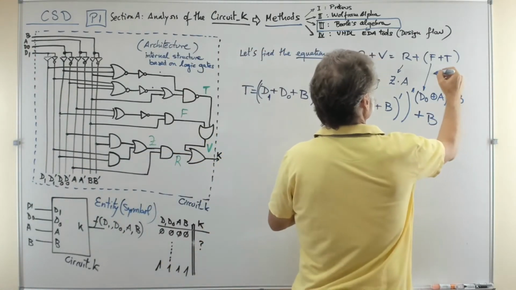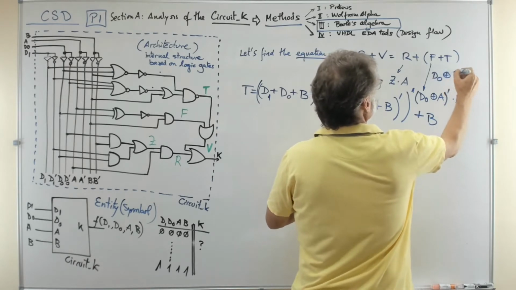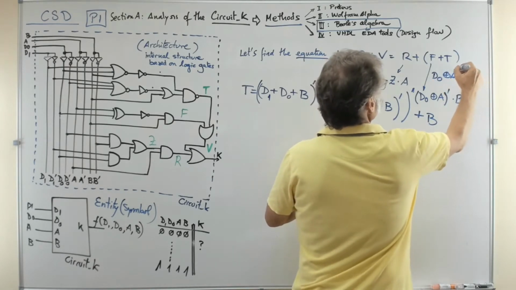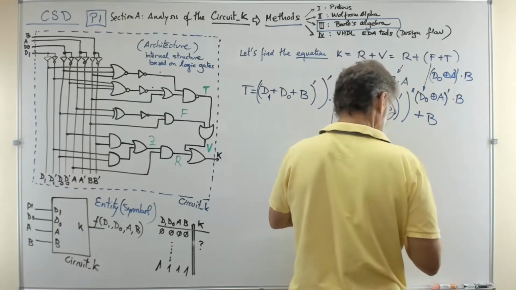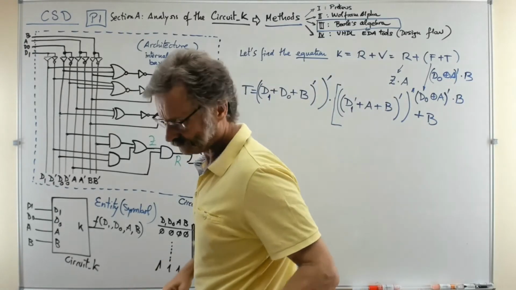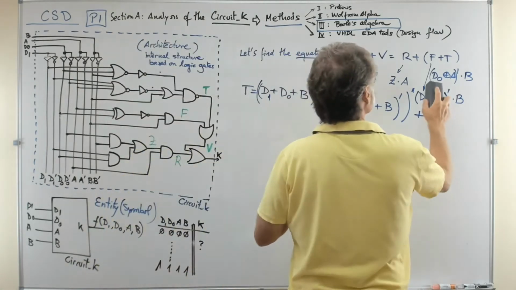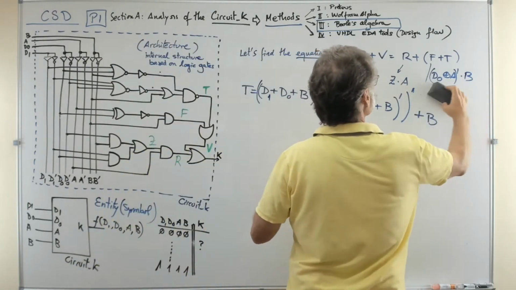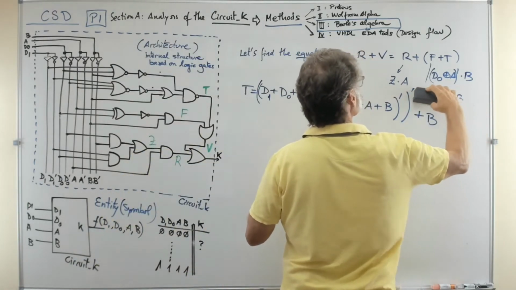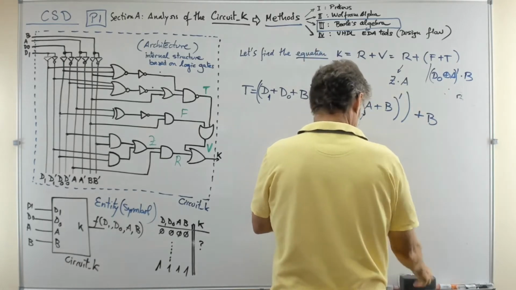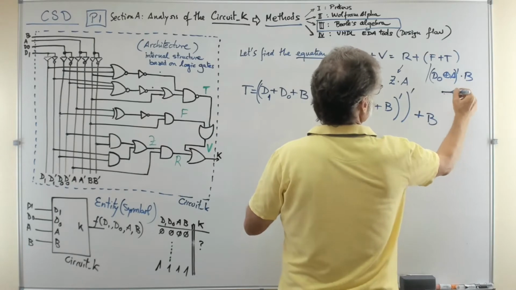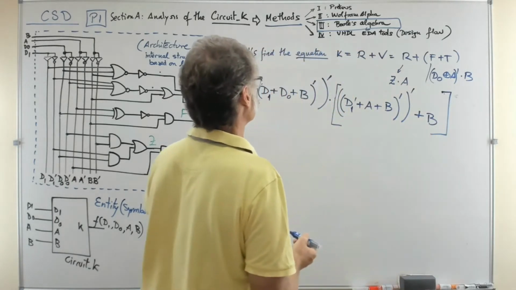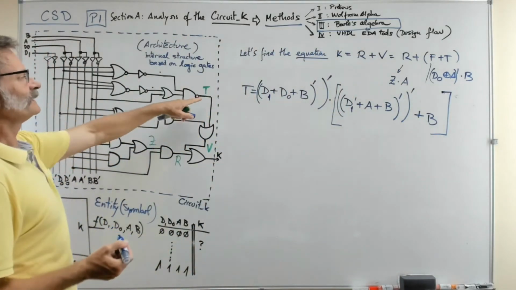So here you are D0, A short A naught, and B. So this is the expression of the T.